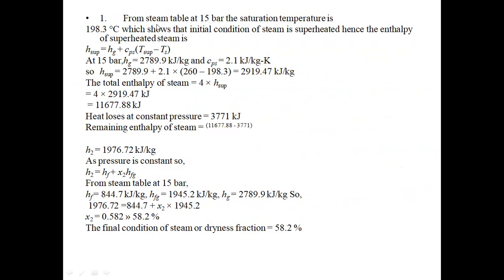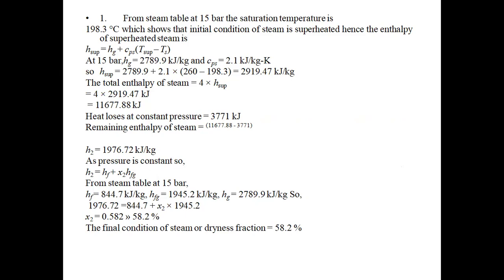To find the values from the steam table at 15 bar, the saturated temperature is 198.3 degrees Celsius. So the initial condition of steam is superheated, and the enthalpy of the superheated steam is H superheated equal to Hg plus Cp into (T superheated minus T saturated). At 15 bar, the Hg value is 2789.9 kilojoule per kg, and Cp is 2.1 kilojoule per kg Kelvin.